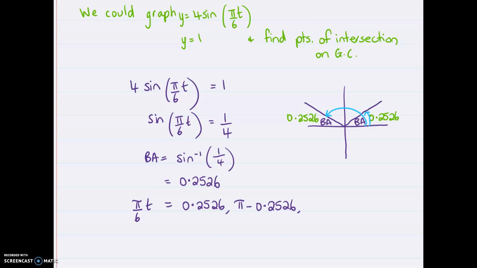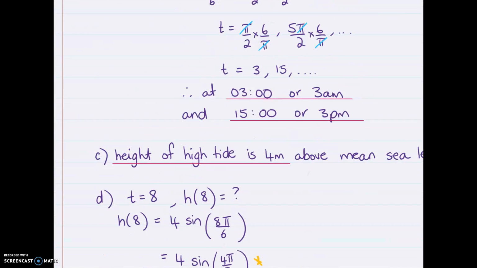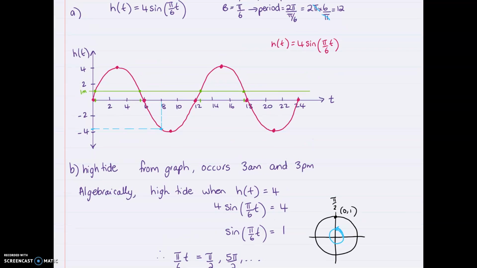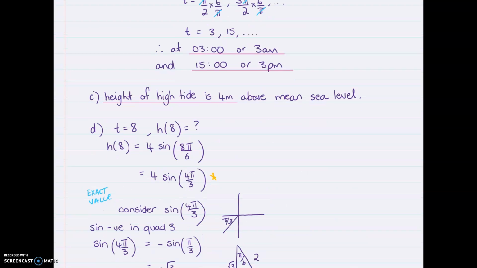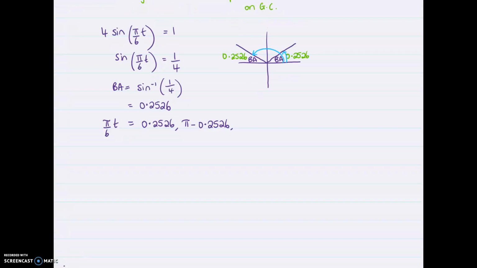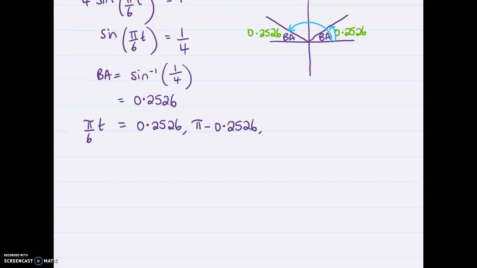Now keep in mind from the original graph, there's 4 points I need. I found the solutions to give me the first 2 times the boat can get across, but there's another interval of time where the boat can get through. So I actually need 4 solutions. That's my clue. So 0.2526, pi minus 0.2526.